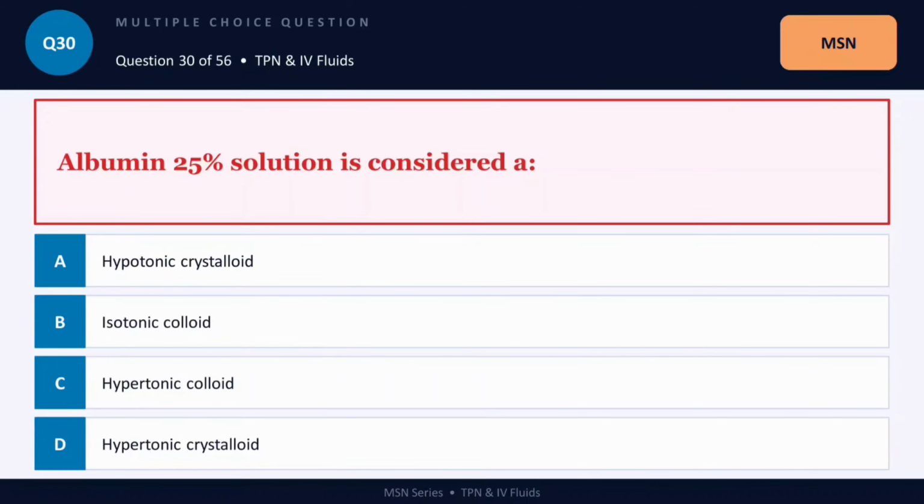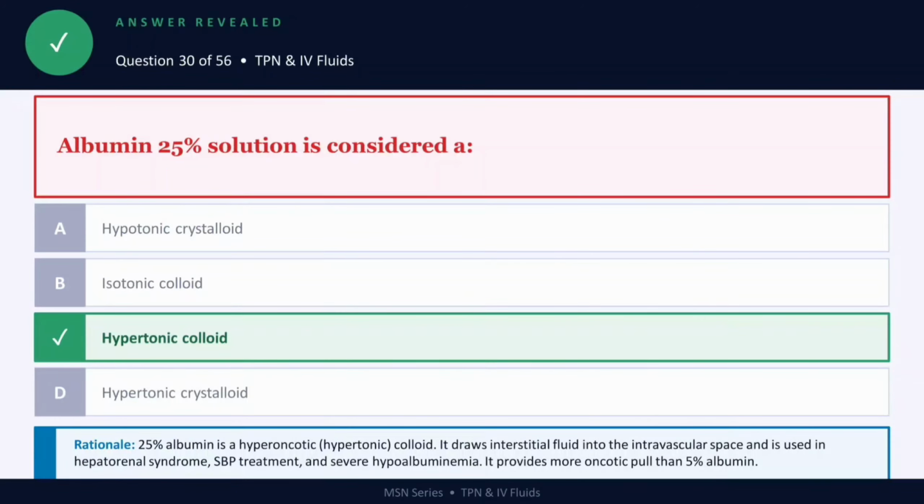Question number 30. Albumin 25% solution is considered a: Option A, hypotonic crystalloid. Option B, isotonic crystalloid. Option C, hypertonic colloid. Option D, hypertonic crystalloid. The correct answer is option C, hypertonic colloid.